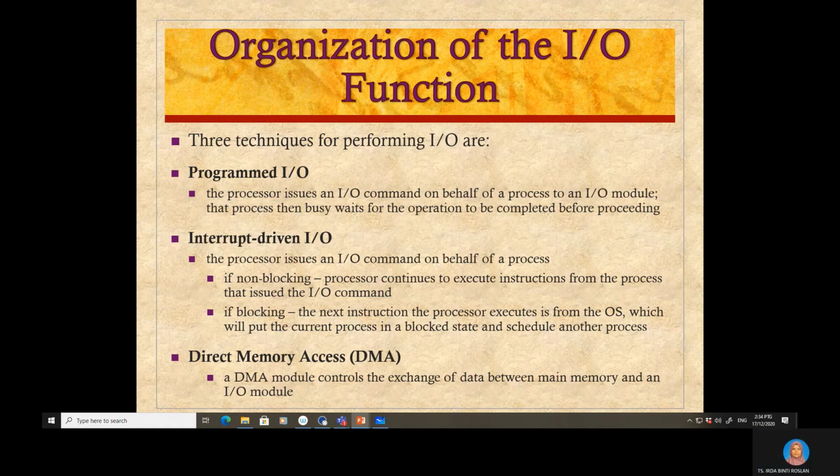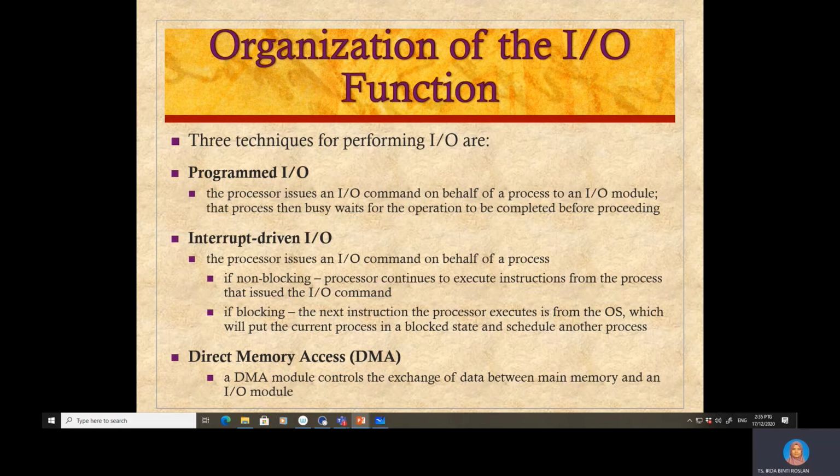Whereas if it is blocking, the next instruction the processor executes is from the OS, which will put the current process in a blocked state and schedule another process. So it has two situations here. It is similar to programmed I/O, but it can be blocking or non-blocking.